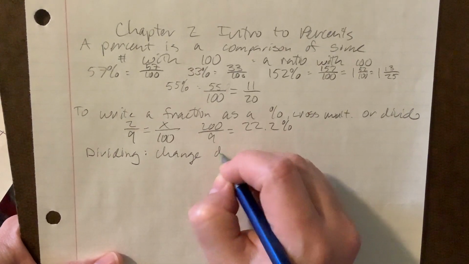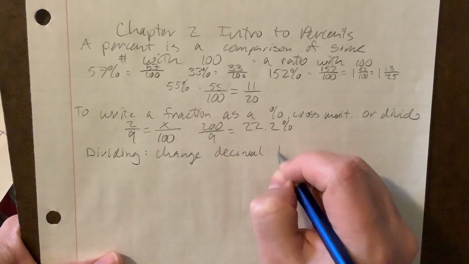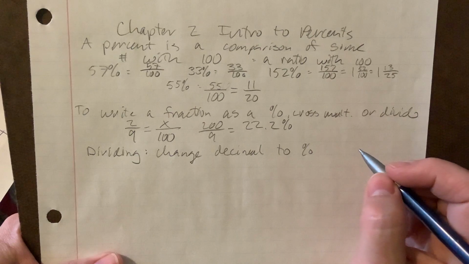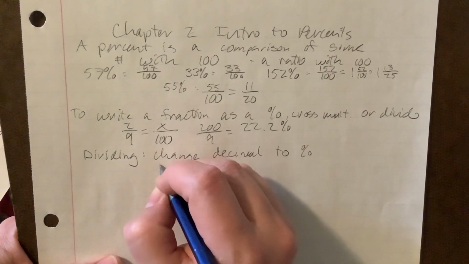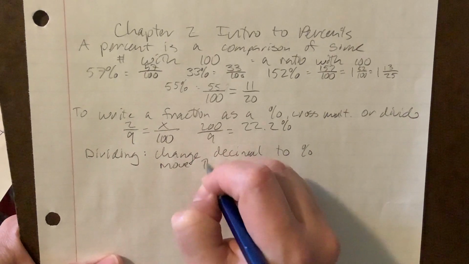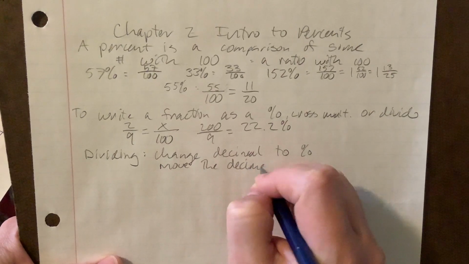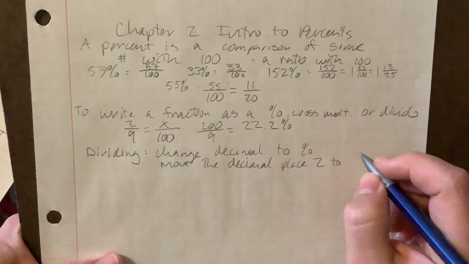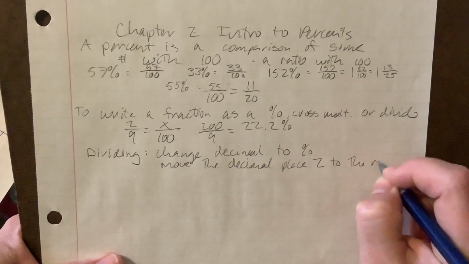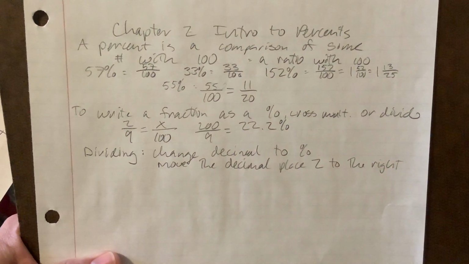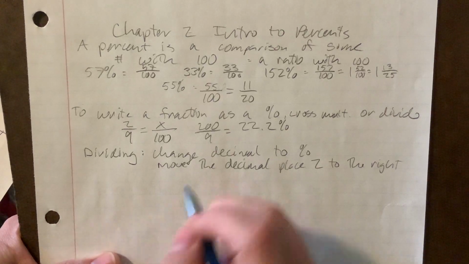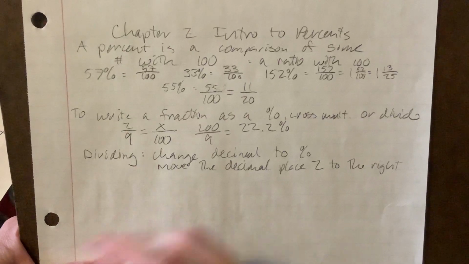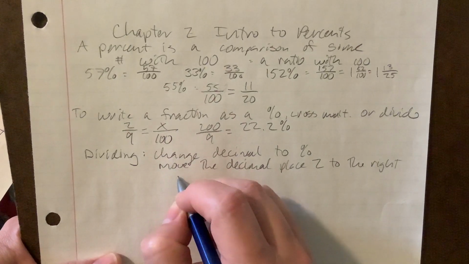So to change a decimal to a percent, we do that by moving the decimal place to the right. Okay, essentially what we're doing is we're making the percent a bigger number than the decimal. So we're going to, I'll say it this way.